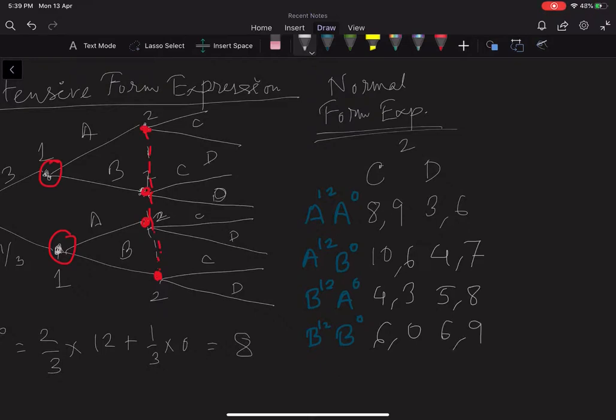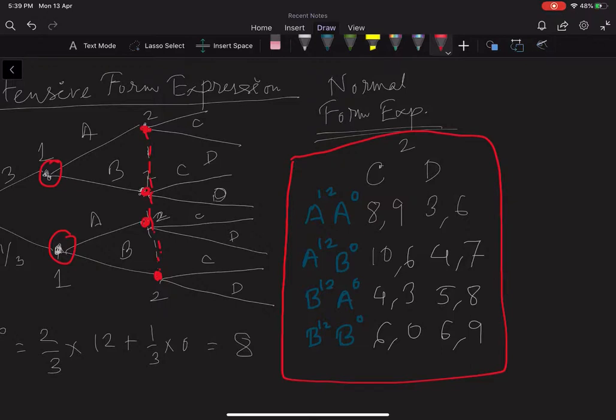I ask you to go through this and calculate these expected payoffs to see whether the way I've written is actually correct or not. Once we have computed expected payoff, this now gives you the final normal form expression. So this is the normal form expression of the game.